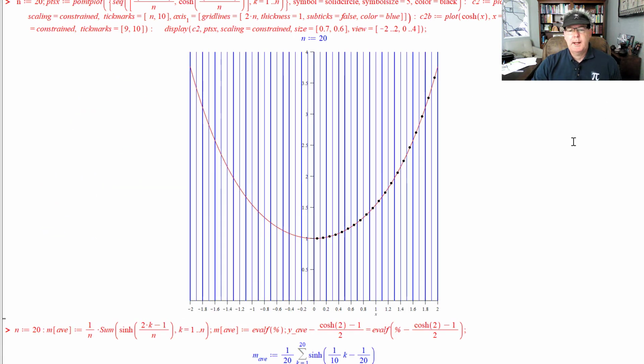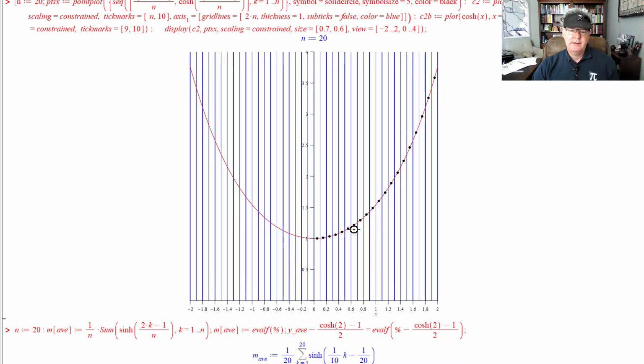So here's a picture of the hyperbolic cosine function, and I've got 20 points equally spaced on the interval 0 to 2. You can see there's the x-axis, so 20 points equally spaced, and you can put more and more points, but you can see that there's kind of a density.